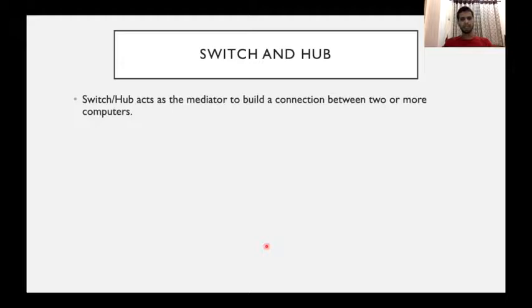Right, so now we will move to the switch and hub. I told you, we are using the switch and hub for the same purpose. It acts as a mediator to build the connections between two or more computers.